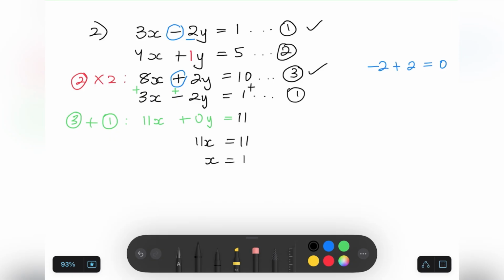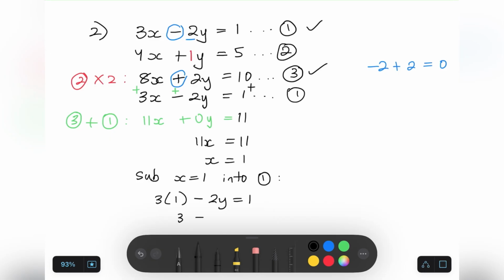So now that I have x is equal to 1, I can substitute x is equal to 1 into any one of the equations. Let's do it into equation 1. So wherever I have x, I'm going to replace it with 1. So I have 3x, which means I'll write 3 brackets 1 to represent 3 times 1. So 3 times 1 minus 2y is equal to 1.